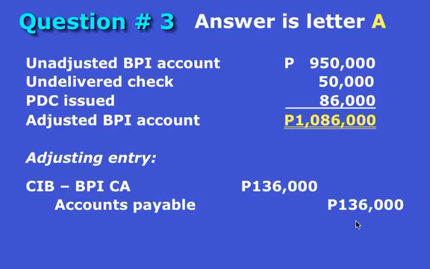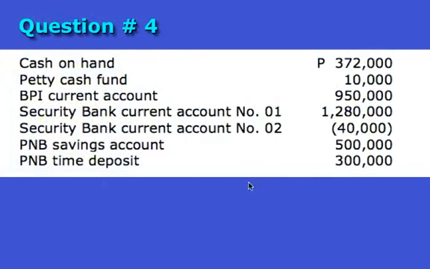Now, let's get the total. Cash and cash equivalents. So again, refer to the trial balance. Given in the trial balance are the following. As noted in number 1, cash on hand as adjusted.